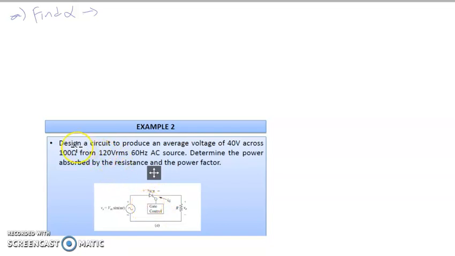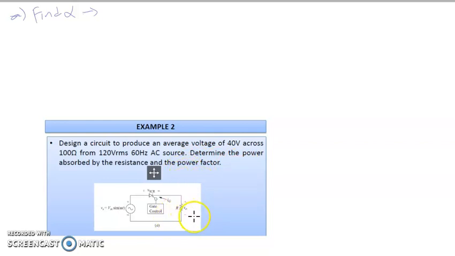So the question is to design a circuit to produce average voltage at the load of 40 volt output from input of 120 volt RMS. This is average output. Meanwhile, the incoming is RMS 60 Hz with the load of 100 ohm. So we need to determine the power absorbed by the resistance and also the power factor of the circuit.